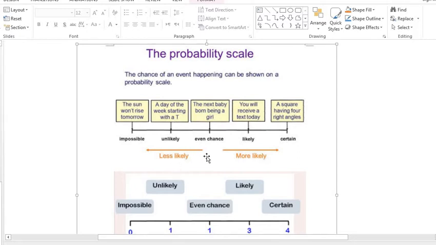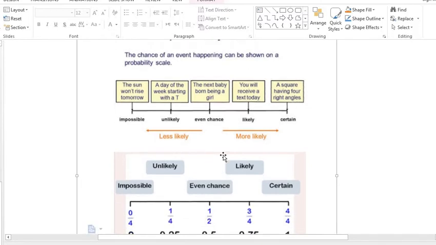The next baby born being a girl, even a chance, maybe she is a girl or a boy. 50% and 50%, like flipping the coin. You will receive a text today. Most likely, I know. A square having 4 right angles, it's certain. It's a fact, certain.